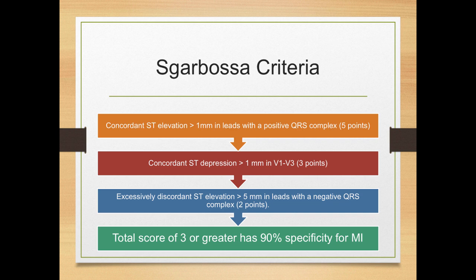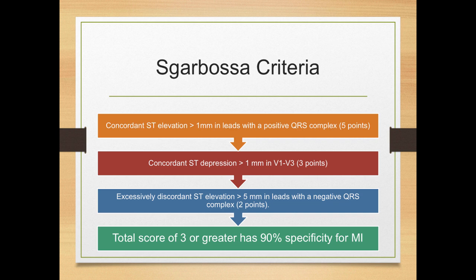Well, this criterion says it's excessively discordant. So instead of just having an upright T wave and that's cool, it's like upright T wave, super big. Oh my god, upright T wave. So greater than 5 millimeters. That's like one big box tall.